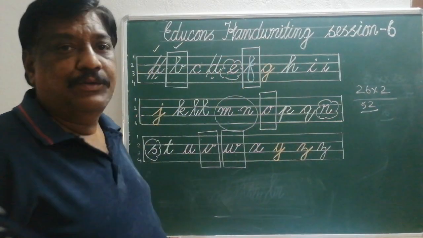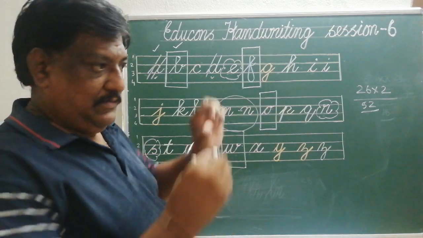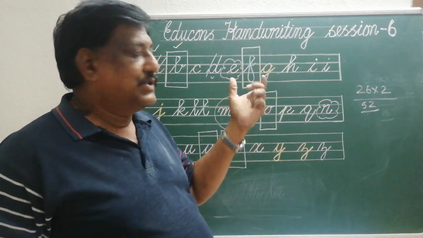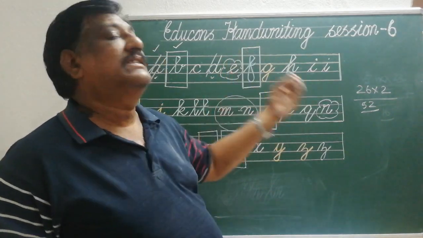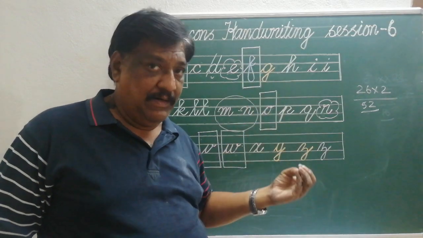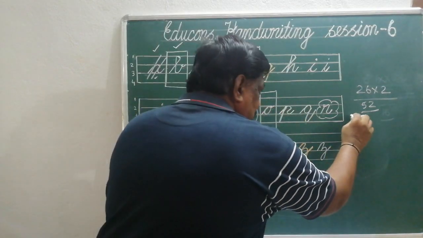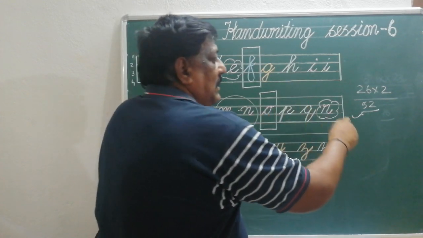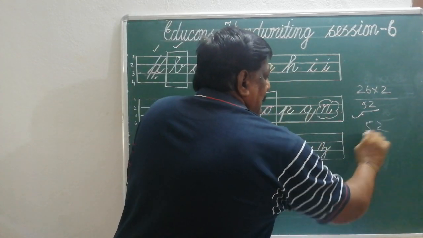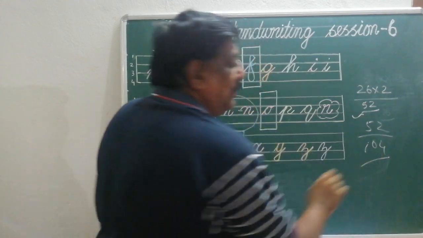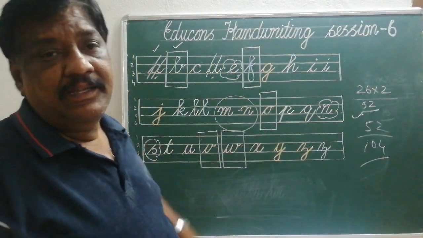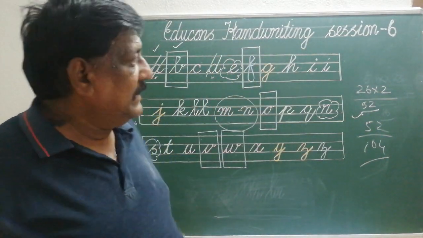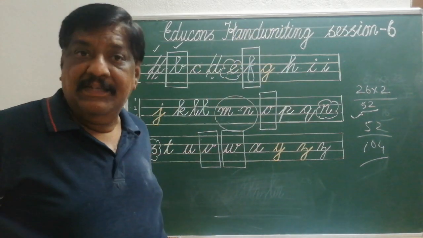You will get 52 sets of two-letter connections. At least this much you have to practice minimum, and do this practice with another option again, so it will be around 104 times you are writing two-letter joining. This is our session 6.